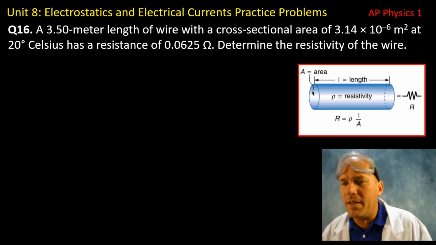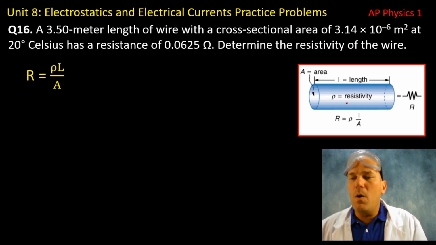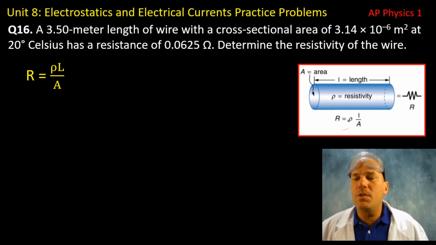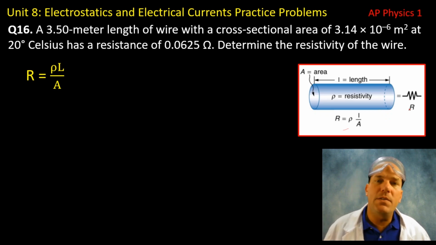So this is a straight application of that, where we're going to solve for resistivity. Looking at the schematic here, the Greek symbol rho is equal to resistivity. We have the length here. We have the cross-sectional area of the wire. We have our equation that resistance is equal to resistivity multiplied by the length, that quantity divided by the cross-sectional area, and that's going to give us the resistance.